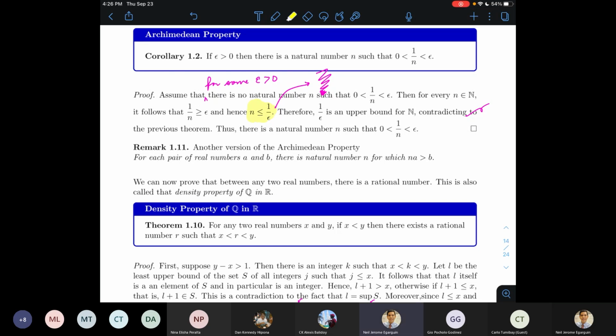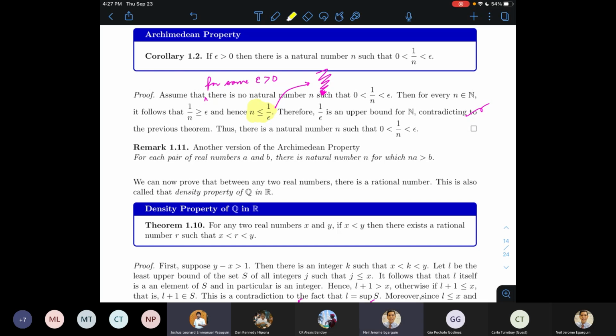Anyone? Wala talaga? Tahimik nyo ngayon, ha? Hello po. Okay, go ahead. Ito po ay kasi dahil the natural numbers are not bounded above.